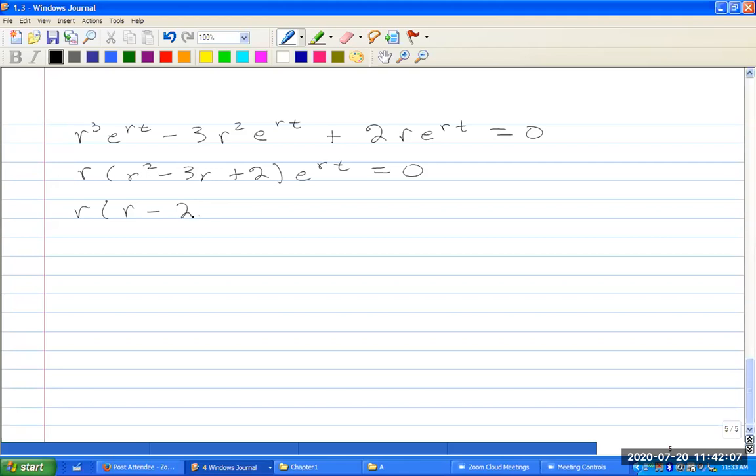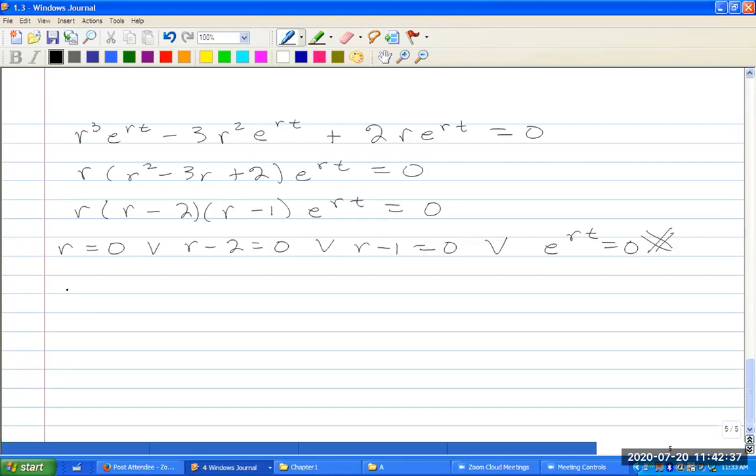So r times (r minus 2)(r minus 1) times e^(rt) equals 0. Set each factor to 0 and solve for r. Well, e^(rt) is not 0, so that doesn't give us anything.